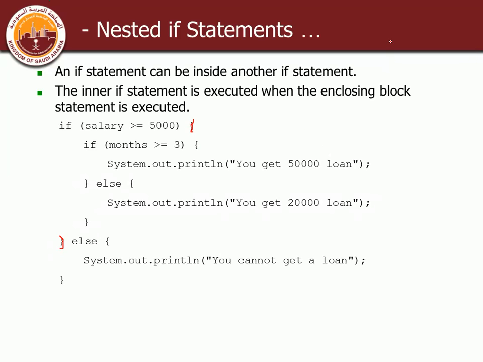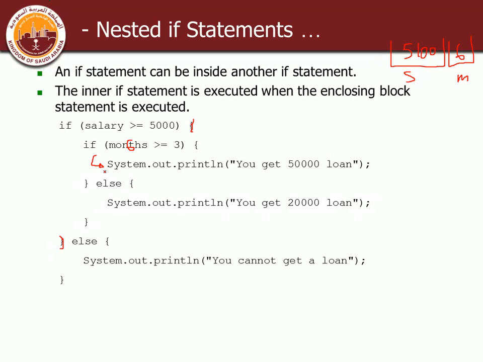You mean if the first question is true, like for example the salary is 5,100 or 5,000, and the second question is like the month is 6, for example. So this is going to be true, so I get inside, and then I find another question. I'm checking months. Month 6 is greater than 3, yes. So I'm going to get inside this one over here. What I'm going to see is you get a loan, you get a 50,000 loan.